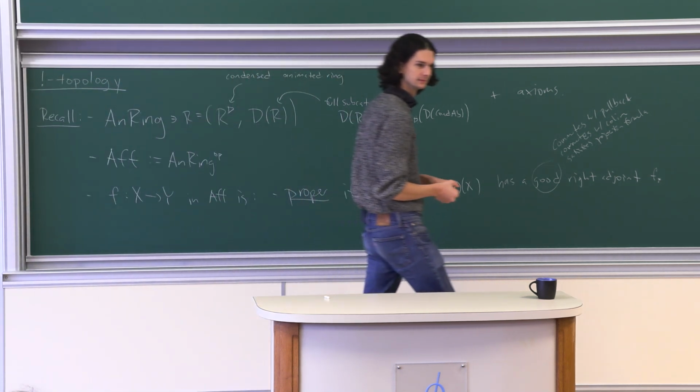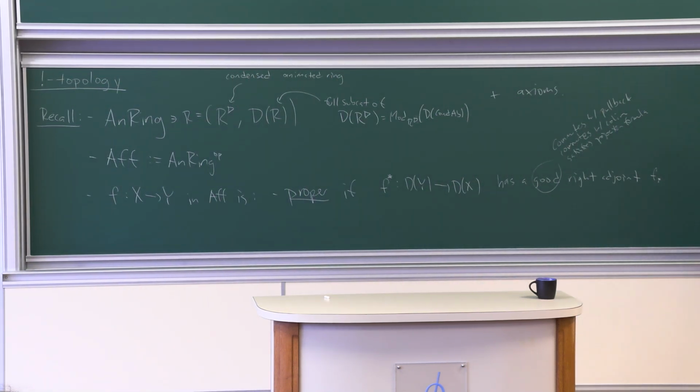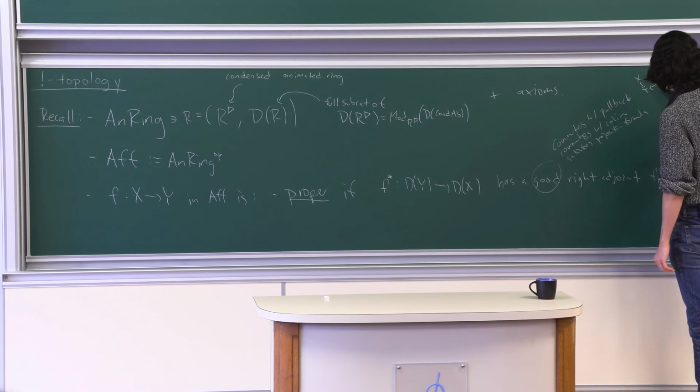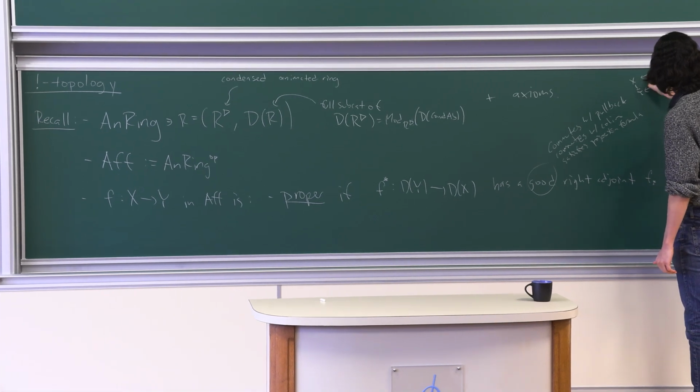So this is like the projection formula, exactly. And the kind of pullback I mean is x, y, and then y prime, and then x prime.